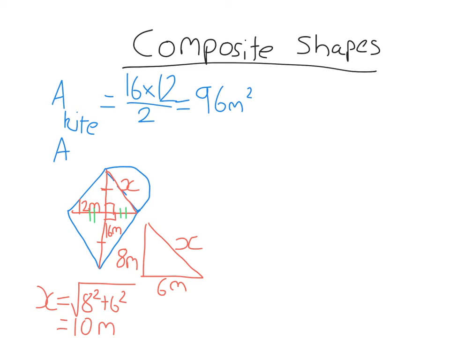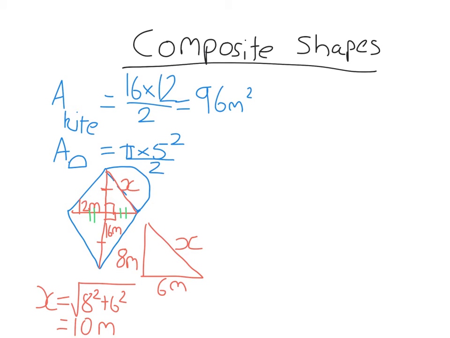So the area of the semicircle will be pi times radius squared, but here you need to divide by 2 because it's half a circle. You don't normally divide by 2 for circles. The only shapes you divide by 2 for normally are trapezium, kite, and triangle.